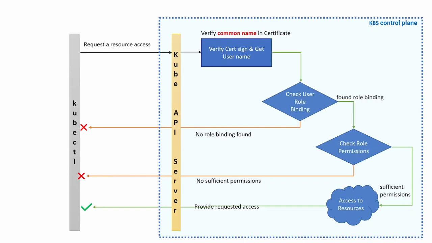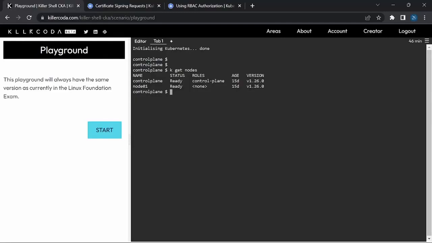Now we will see the demo. First of all, we will create a role and a role binding for a test user.